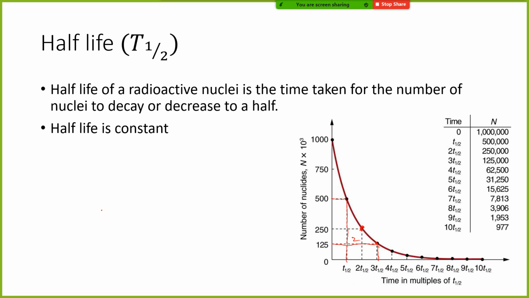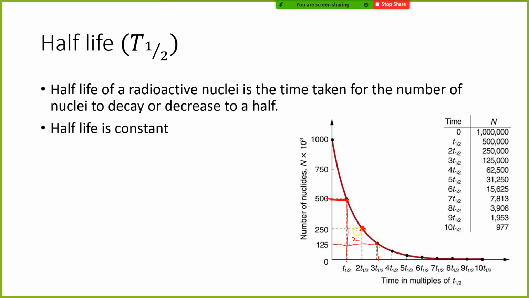Now, what you must understand is that a substance can have several half-lives, right? So going from 1,000 to 500 would be the first half-life. Now, when this 500 has disintegrated to half of that amount, that will be classified as a second half-life.